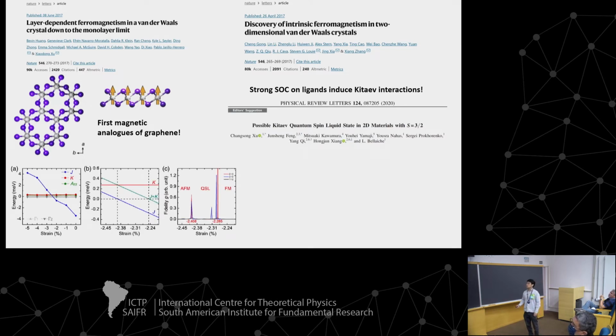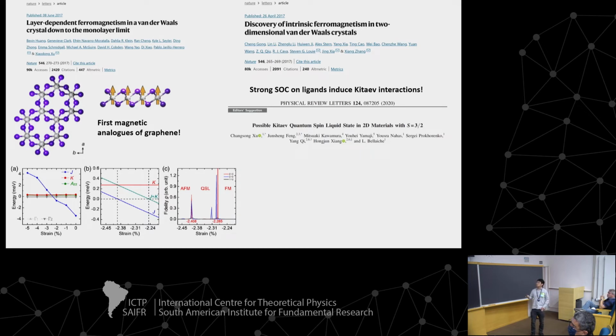And of course, the material in the normal state, in the rightmost of this figure A, is dominated by Heisenberg interactions in blue. But the same study also showed that the Heisenberg interactions are tunable by compressive strain, whereas the Kitaev interaction remains constant.